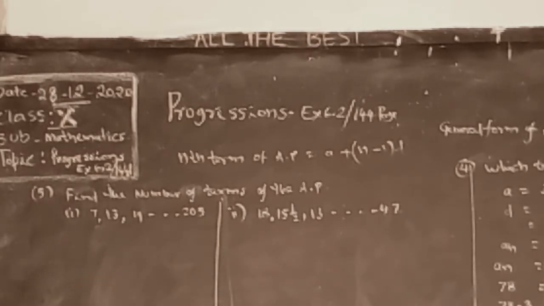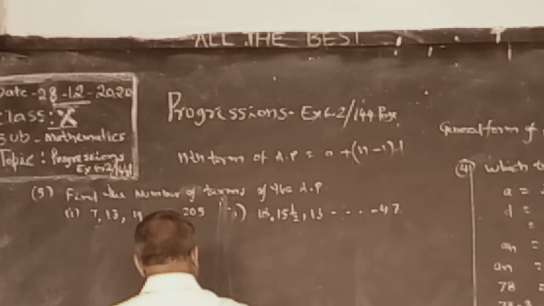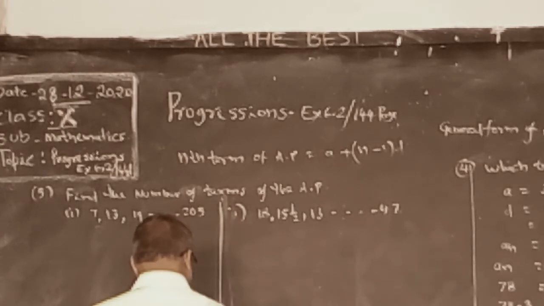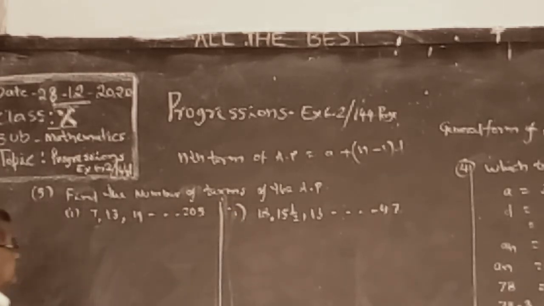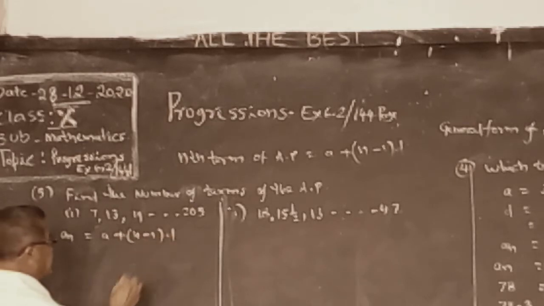See right here, the nth term is equal to a plus (n minus 1) d.